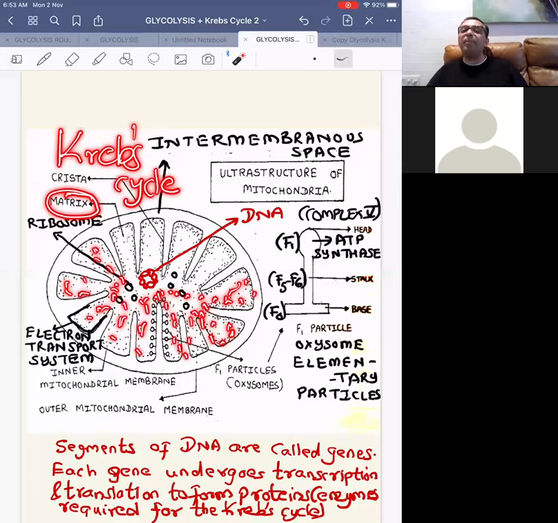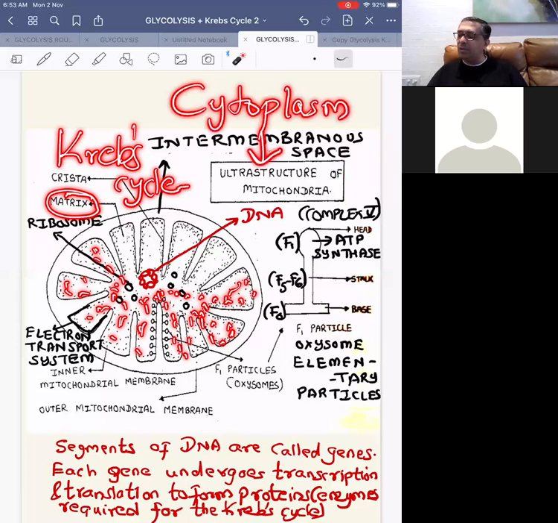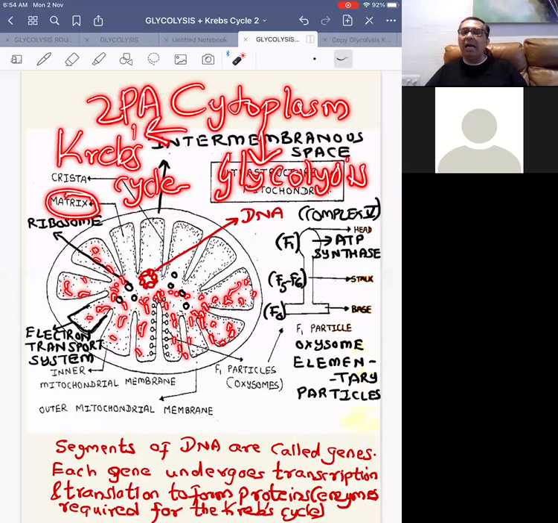Where does the Krebs cycle take place? In the matrix of the mitochondria. In the cytoplasm takes place glycolysis, and we have two molecules of pyruvic acid which are formed, and pyruvic acid enters into the matrix of the mitochondria where it undergoes the Krebs cycle.